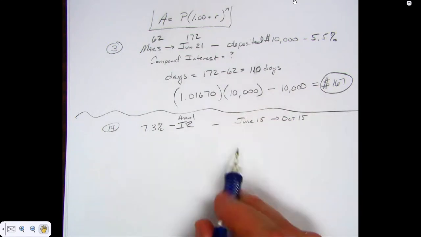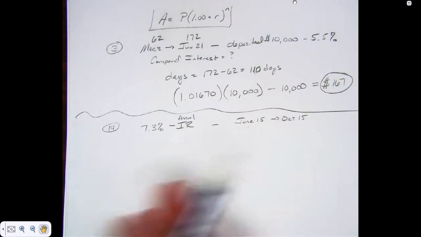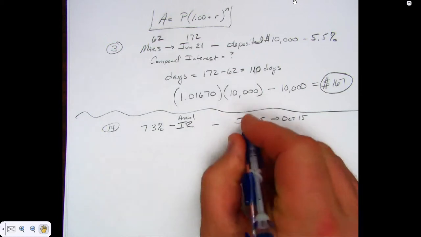So I need to find what number, you guys find it now. What day of the year is June 15th? Turn to A10. 166. June 15th is day 166.